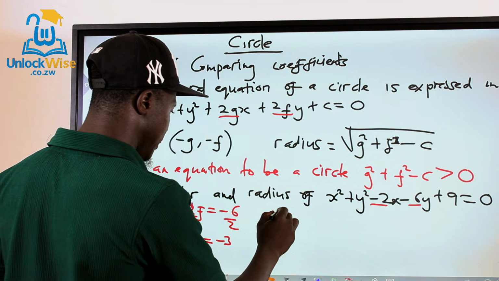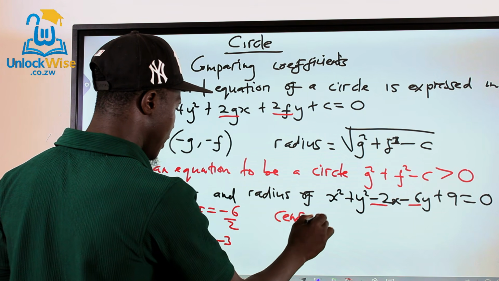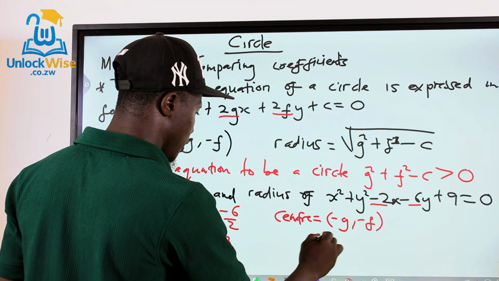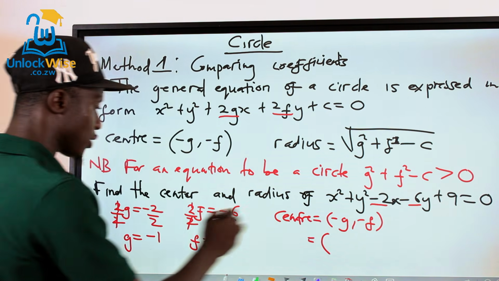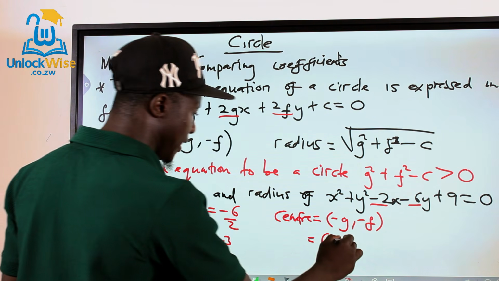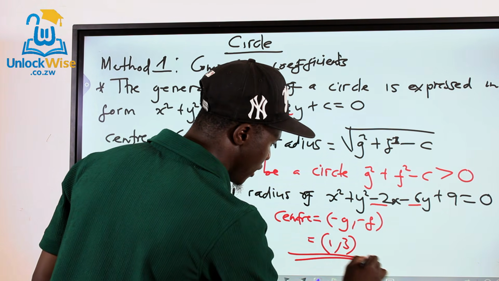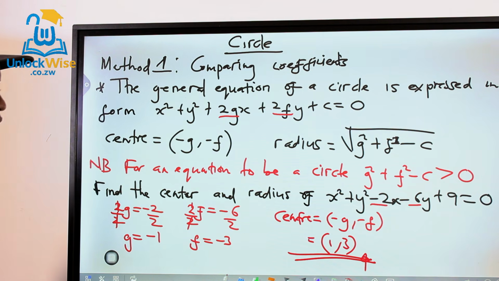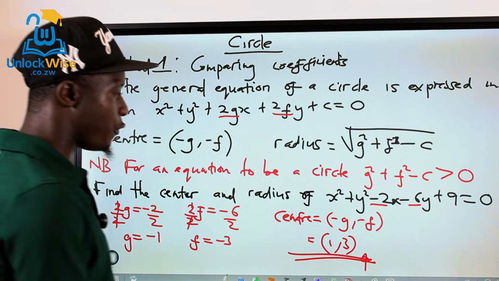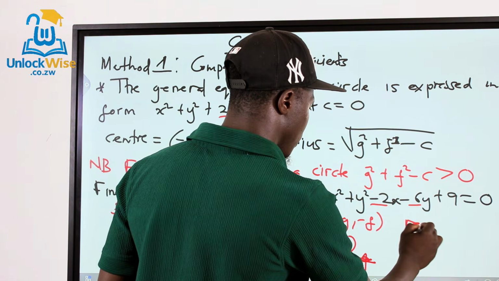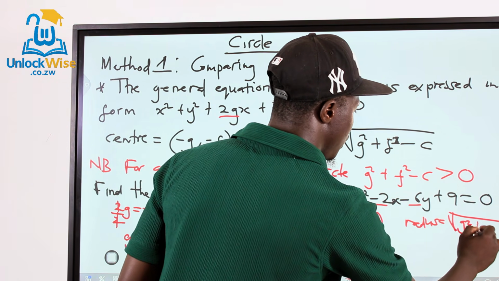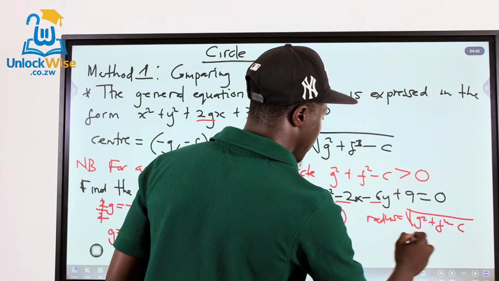Remember, like I said, the center is equal to (-g, -f). So minus minus 1, that's a 1, then minus minus 3, that's a 3, and this will be our center. Since we already have the center, we want to find the radius. The radius is equal to the square root of g squared plus f squared minus c.